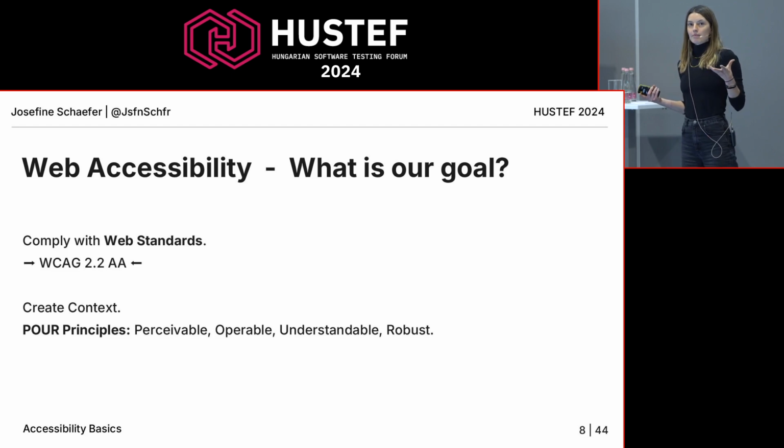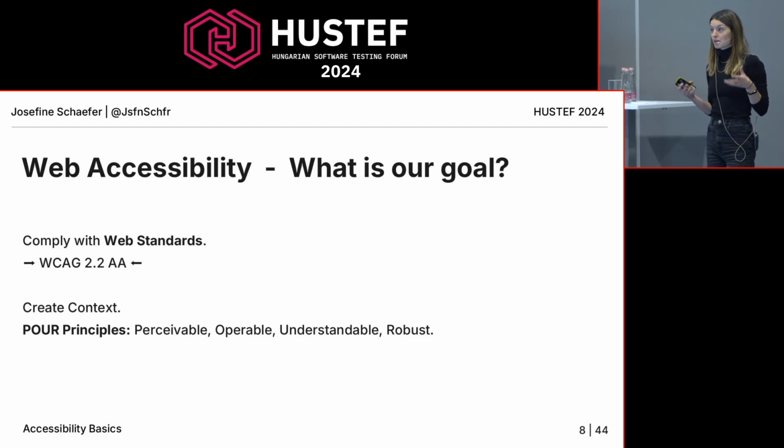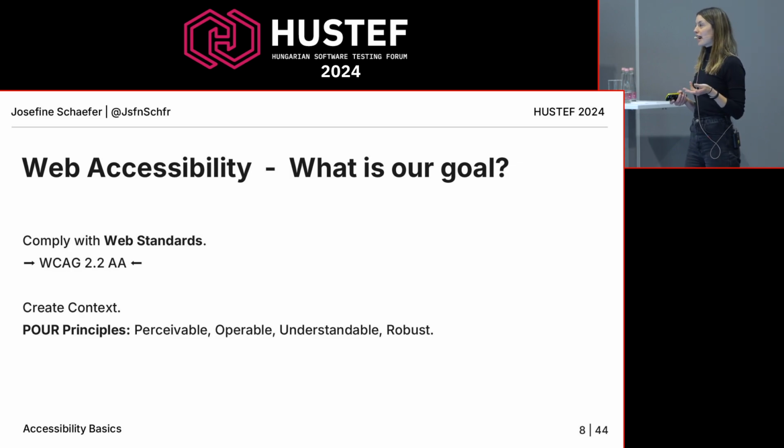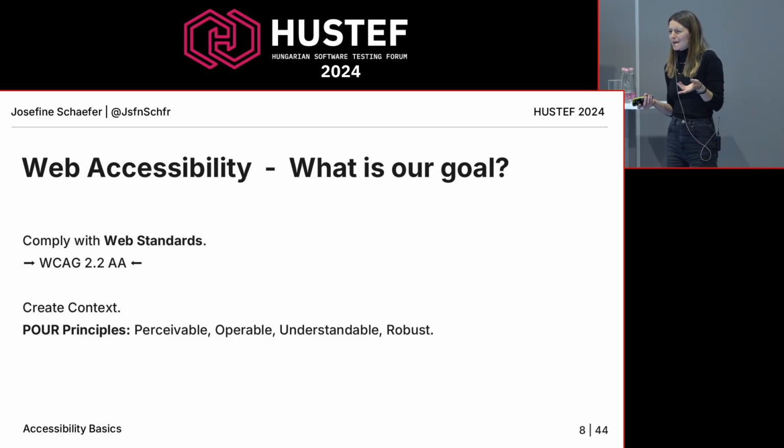While that might seem a little bit abstract in the beginning, most of the rules that can be found in the web accessibility guidelines can be brought back to that. So if you're thinking, why am I doing this? Why should I care about this? It's probably complying with one of the principles to make sure that we're creating context for people to actually understand what we want to convey with our content, with our website or service.